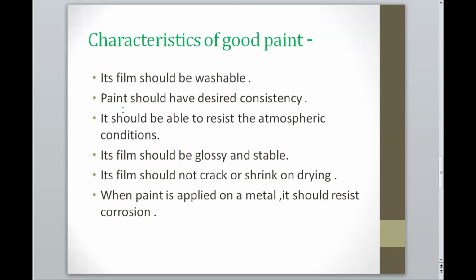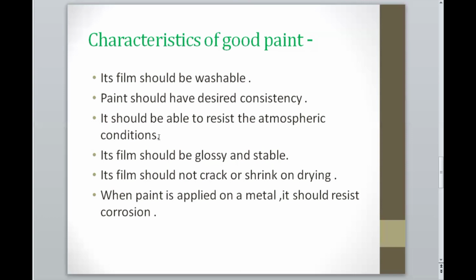Okay. Second point, paint should have a desired consistency. This paint should be fluid enough to be spread easily over the surface to be protected. So that's why, for application purposes, this paint should have a desired consistency. Okay.